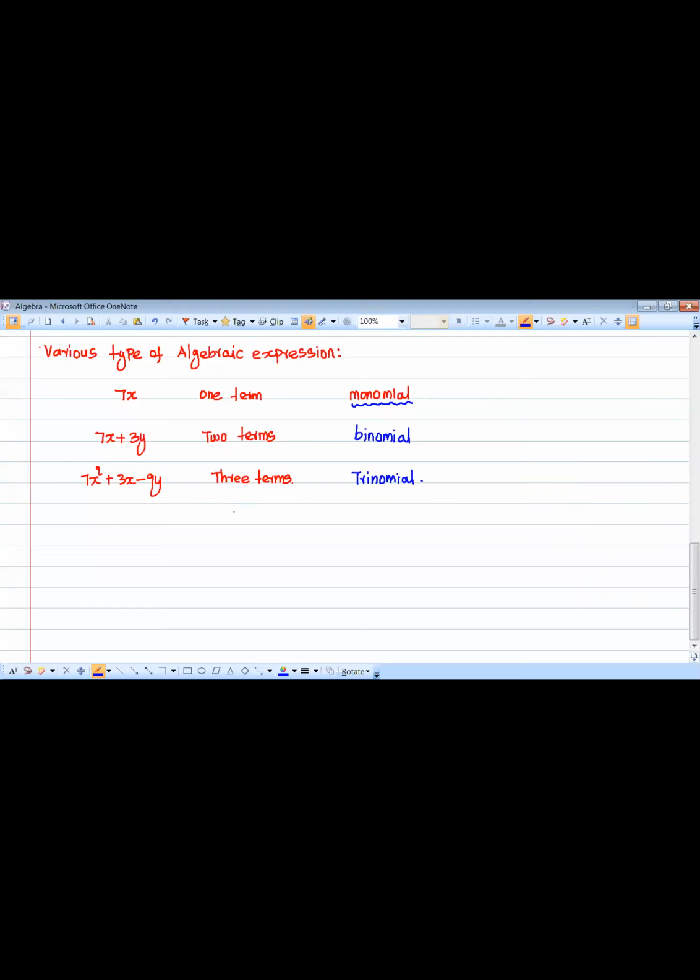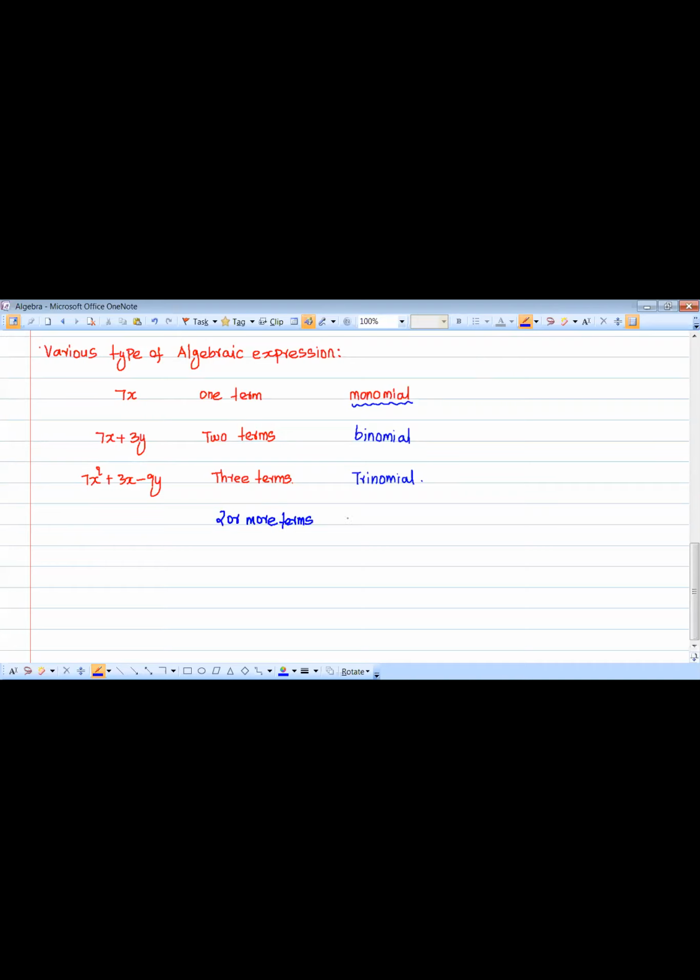If it is more than three, you can say multinomial, or two or more terms.